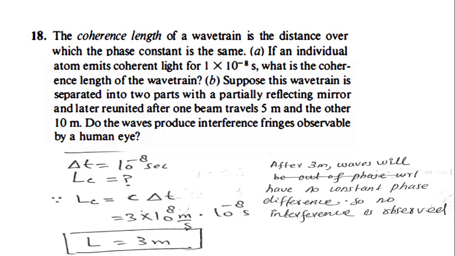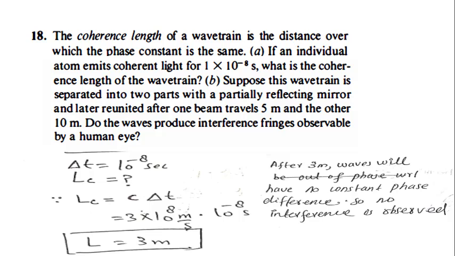In part B, suppose this wave train is separated into two parts with a partially reflecting mirror and later reunited after one beam travels 5 meters and the other 10 meters. Do the waves produce interference fringes observable to the human eye? Since we have already found that the coherence length is 3 meters, after 3 meters the waves will have no constant phase difference, so no interference pattern is observed by a human observer.